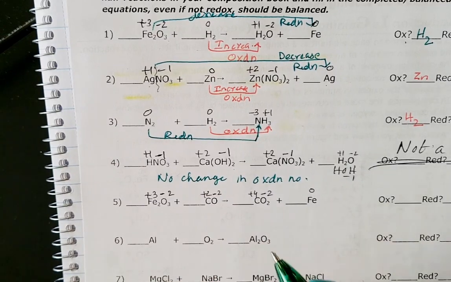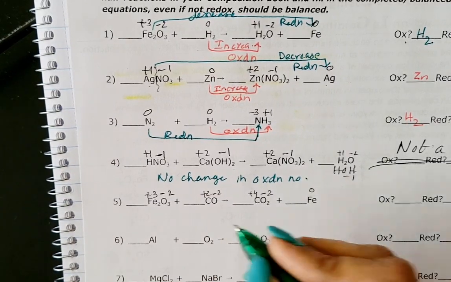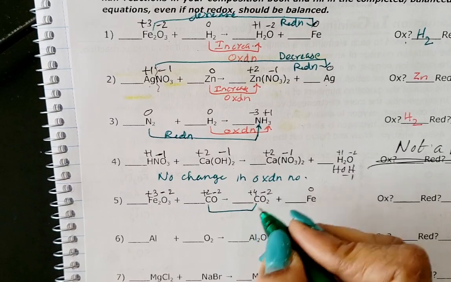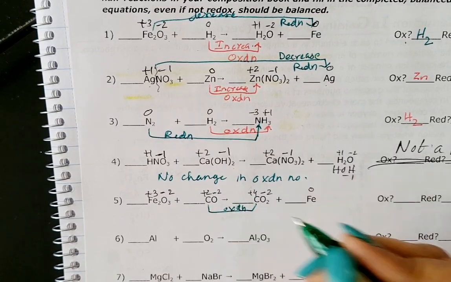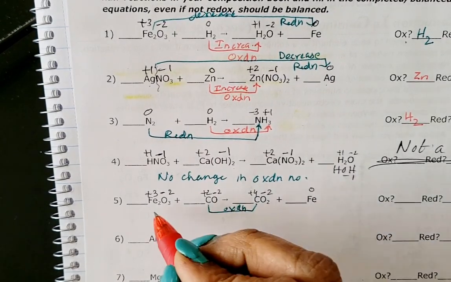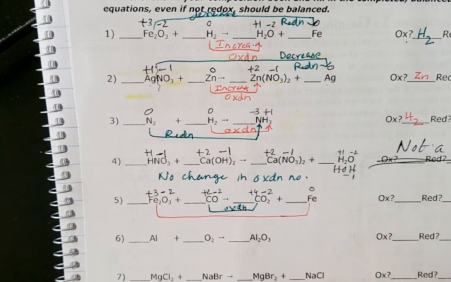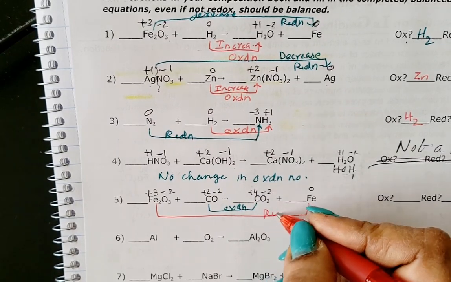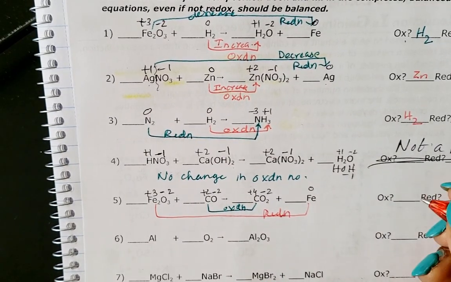Is it a redox reaction? Yes. Which one undergoes increase? Which one undergoes decrease? CO increased, which is oxidation, and Fe decreased, which is reduction. So go ahead and write it.